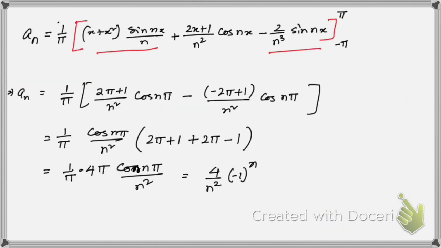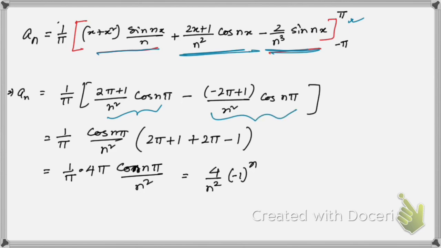So here is the next part. So this is the last result we have got. These two terms, sine n pi is 0, that's why these terms are going to be 0 on putting those values of x equal to pi or x equal to minus pi. So only this term left out. If you put plus pi, you will get this result. If you put minus pi, then you're going to get these two results.